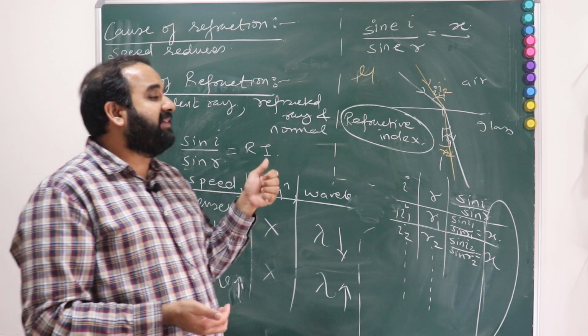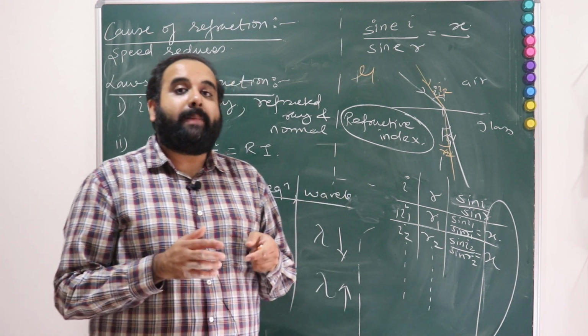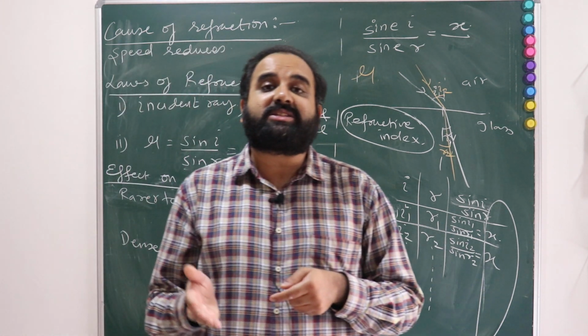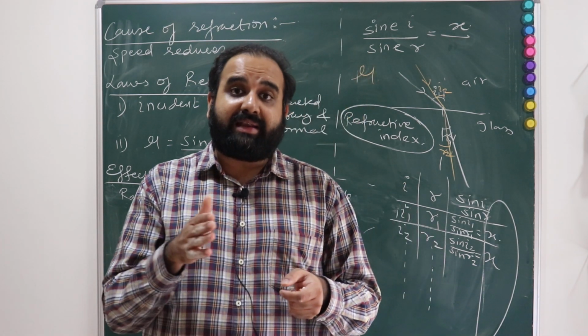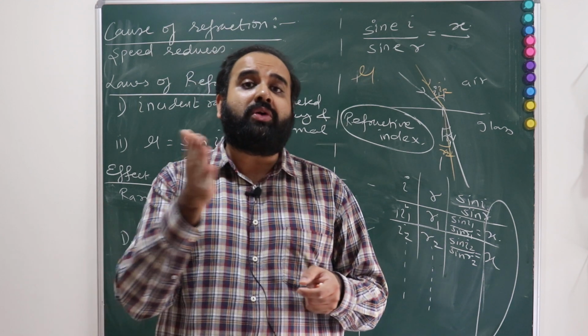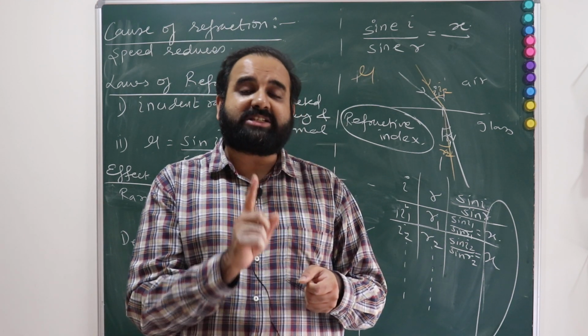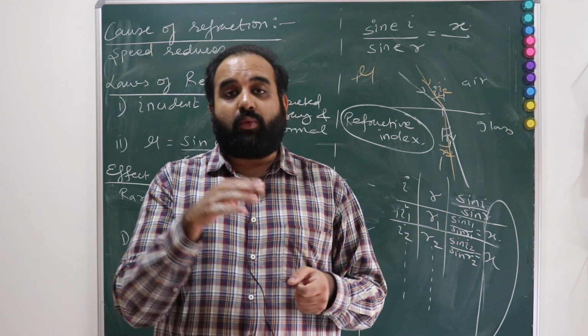Refractive index will tell me by how much the speed of the light is going to reduce when it enters from rarer to denser medium. The speed of the light is going to reduce.